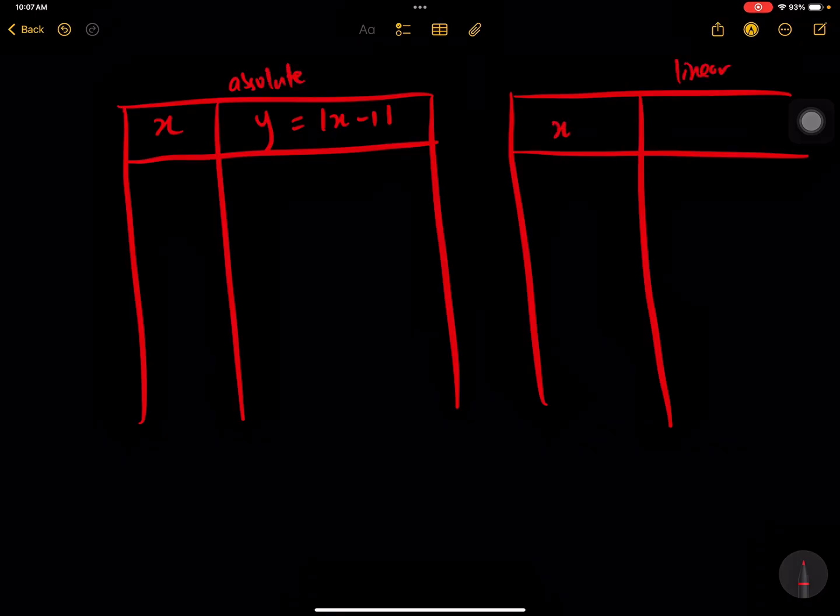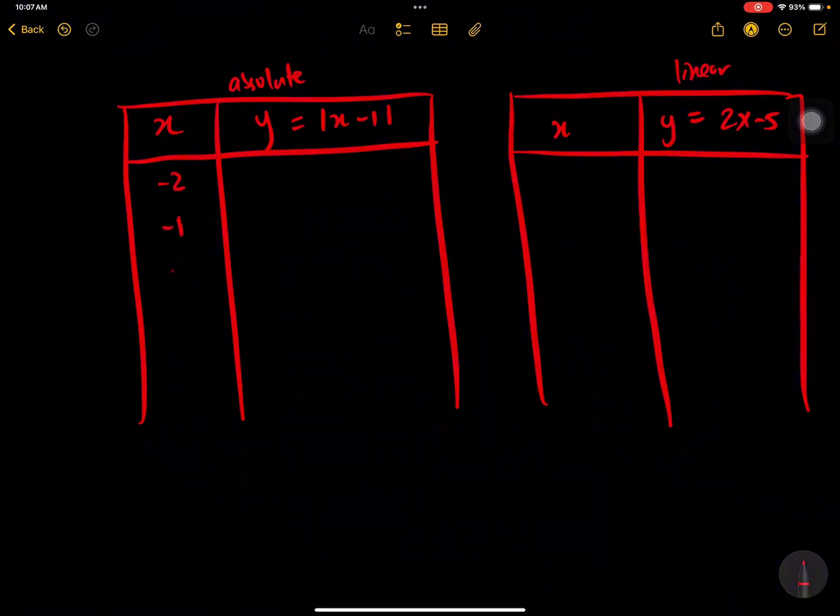X, y is 2x minus 5. Okay, so if x is negative 2, negative 1, 0, 1, 2, 3. So if x is negative 2, y is negative 2 minus 1, which is absolute minus 3. Absolute of minus 3 is 3.